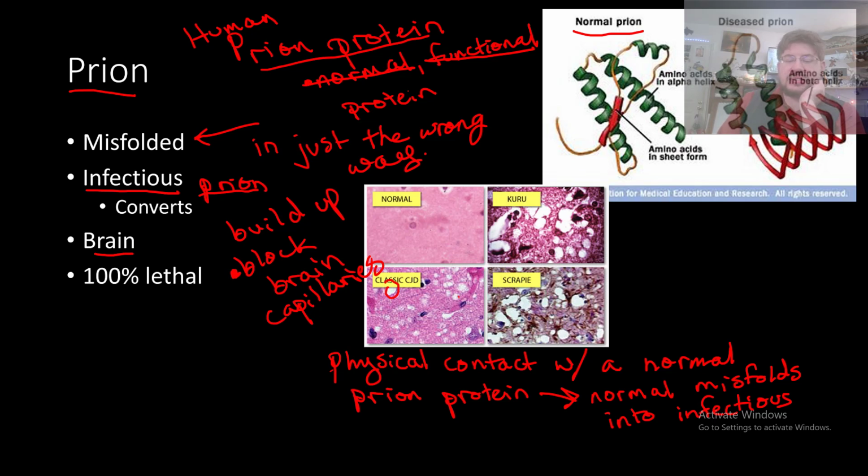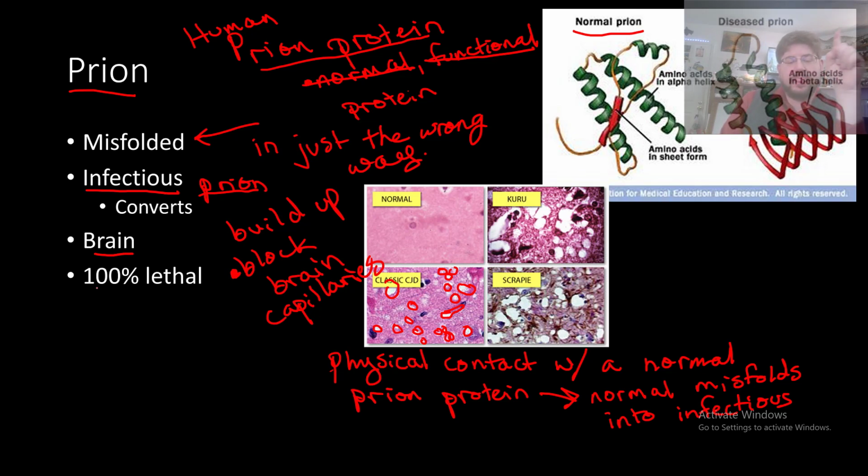You can see in slides of people who have prion diseases these holes, these openings where there is dead brain tissue, because prions built up in enough concentration as to starve the surrounding brain tissue. The more prions misfolding in your body, the more they build up in the brain, the more brain tissue dies, the less your brain works, eventually causing death, right? It literally Swiss cheeses your brain and you will die.